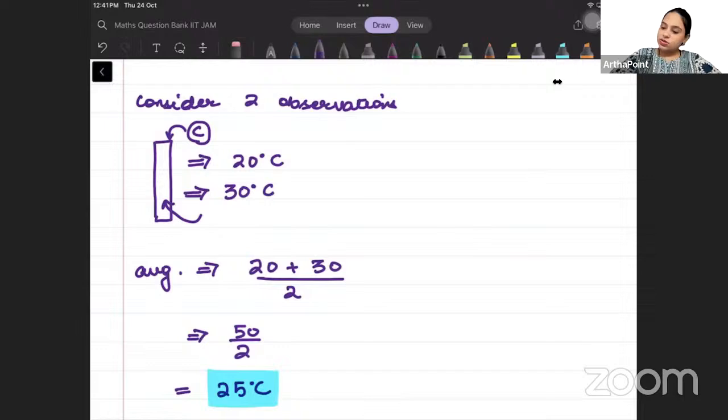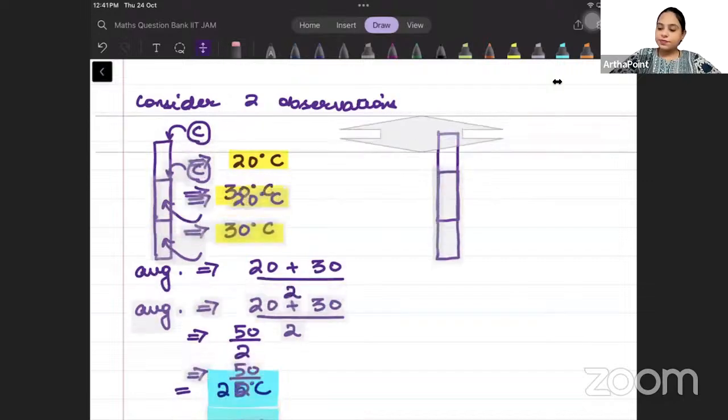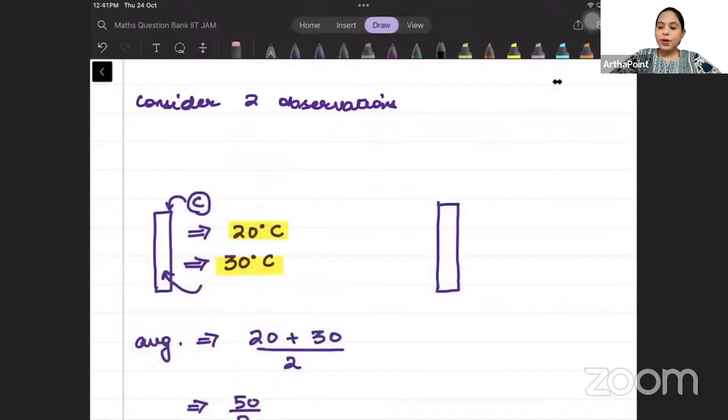Now we can take another thermometer. This thermometer is giving the corresponding values in Fahrenheit. It is measuring the same temperature, but in Fahrenheit. So to convert 20 degrees, what will be my formula? 9 by 5 centigrade plus 32.